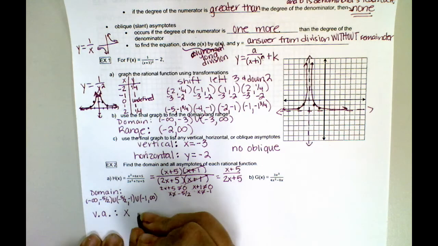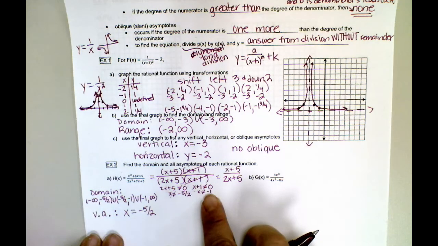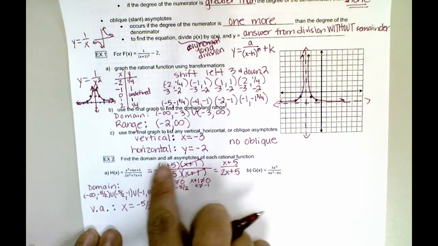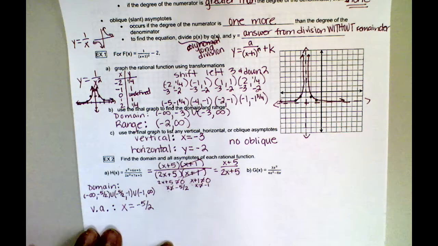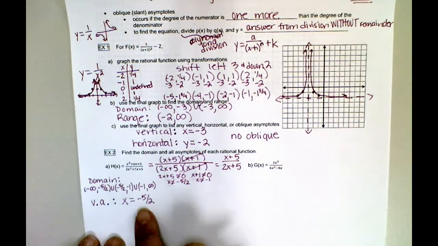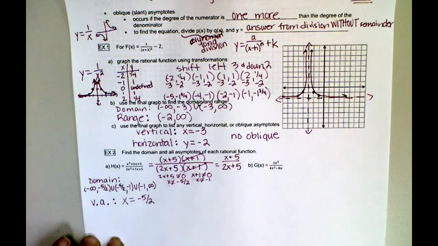So x equals -5/2 is going to have a vertical asymptote. The -1, there's going to be a hole in the graph there at x equals -1. This did not ask me to list holes in the graph yet. Tomorrow we will have to list them, so we'll be ready for that. But here today it just asked for asymptotes. So vertical asymptote at x equals -5/2.